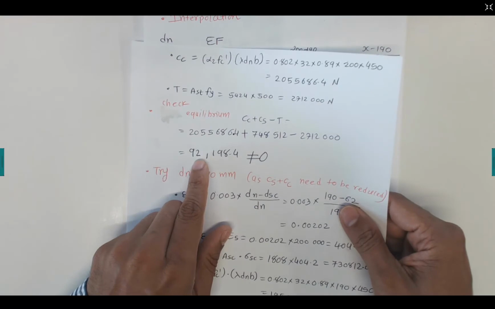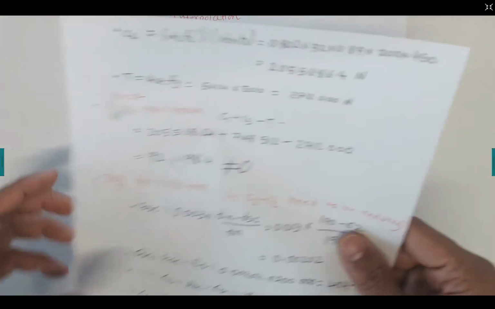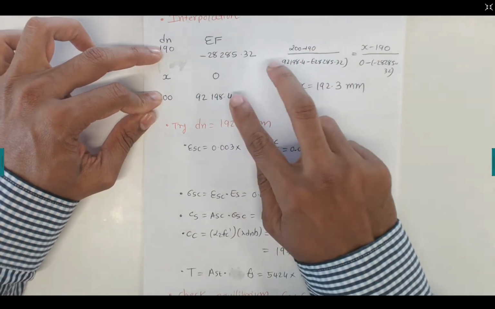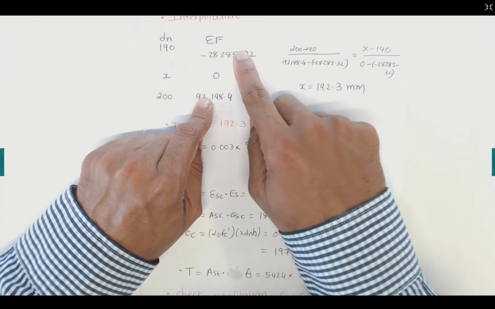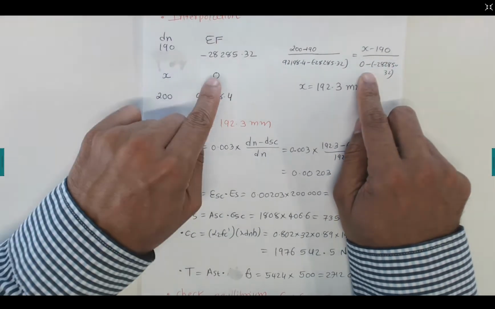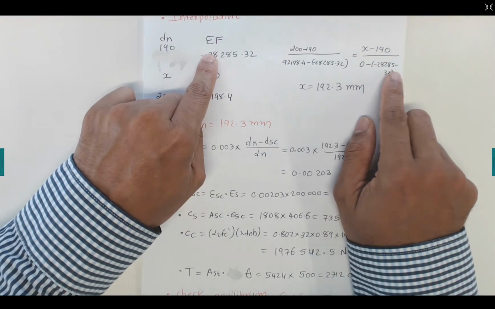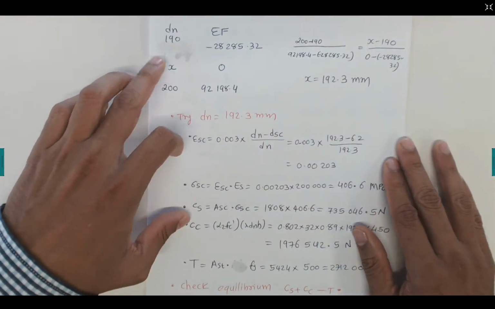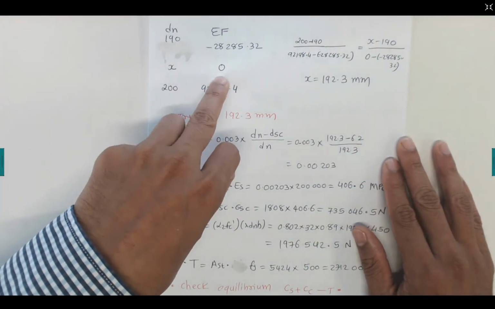So we can interpolate: this minus this one equals x minus 190, respectively 0 minus this force. That gives us 192 millimeters, which is the DN value when the sum of the force is 0.